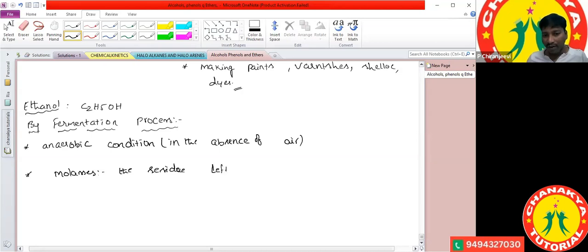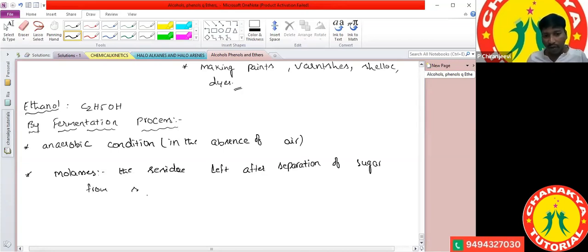The residue left after separation of sugar from sugar cane juice.